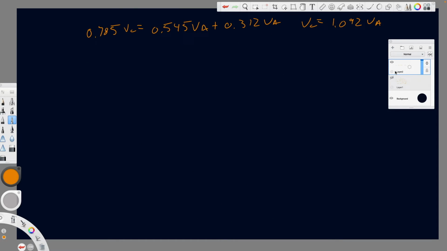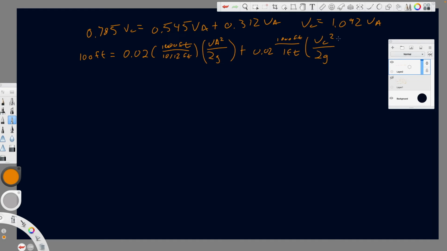So let's do that. Let's say we have again the 100 foot is equal to, let's see, I guess we'll write this out again. 0.02 thousand foot over 10/12 VA squared over 2G plus 0.02 times 1,000 foot over 1 foot VC squared over 2G.